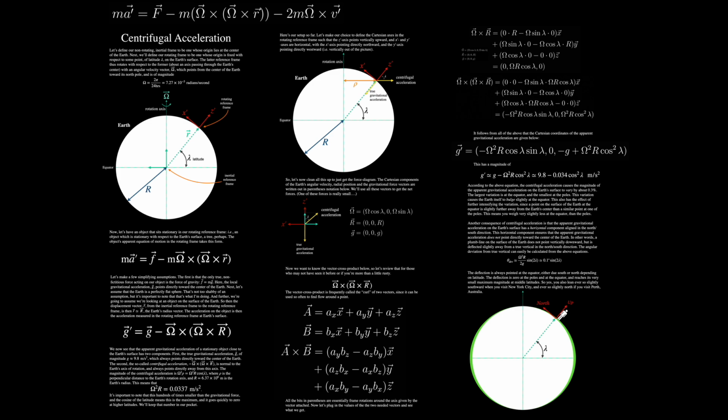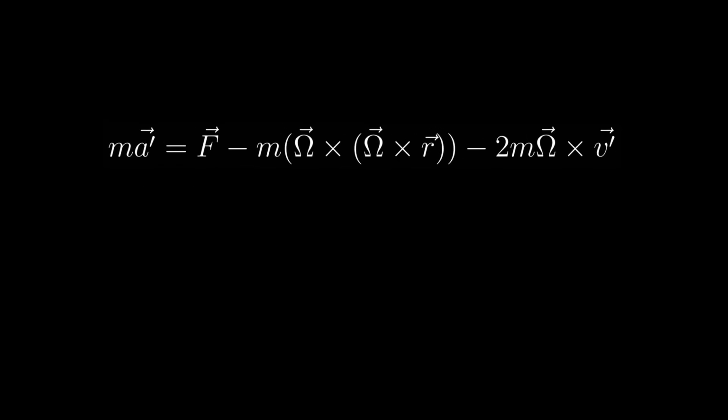So let's continue on. Last time, in the first video, we derived this equation, which shows the effective force on the left-hand side of the equation due to the rotation of the reference frame around some sort of rotation axis. The capital F vector that we see there is the only true force in the system, whatever it is. It can be a series of forces, it can be just one, but that's the only true force, meaning it's the only Newtonian force that has an equal and opposite reaction.